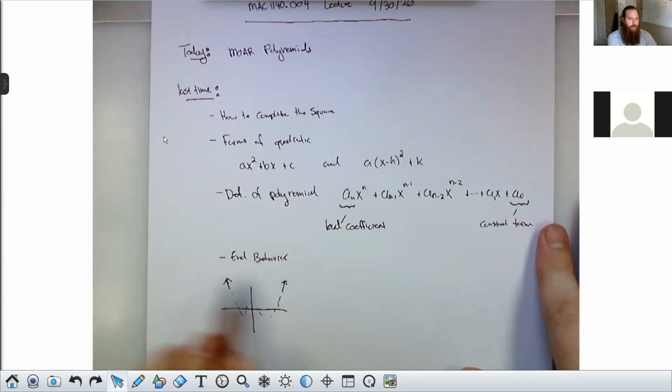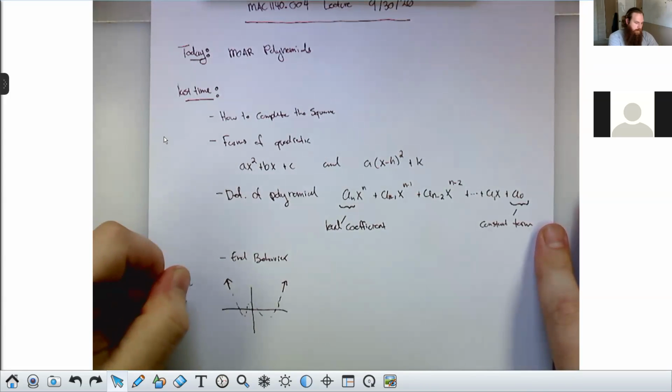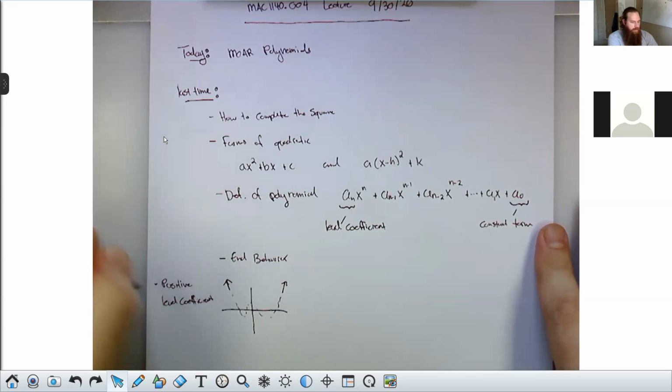So if the graph is pointing up on both sides, this is a positive lead coefficient and even degree.